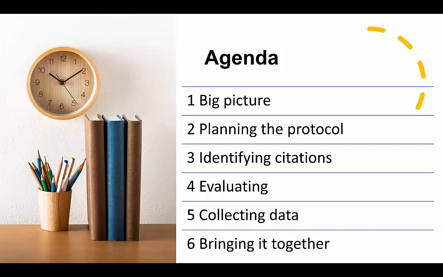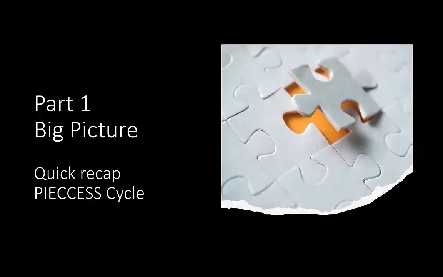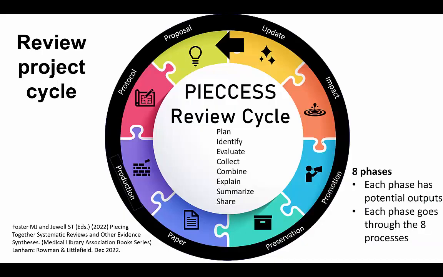We're going to start with a little bit of a recap, looking at the big picture again, and then we'll start working through the steps of building up the protocol. For our big picture, this is the PIECCESS cycle. Last time we talked about the proposal phase, and today we're going to get into the protocol.